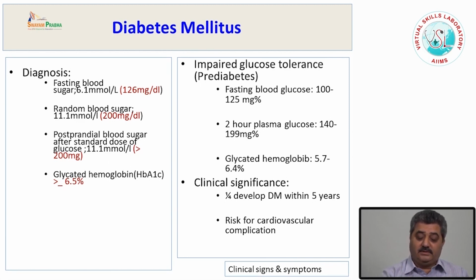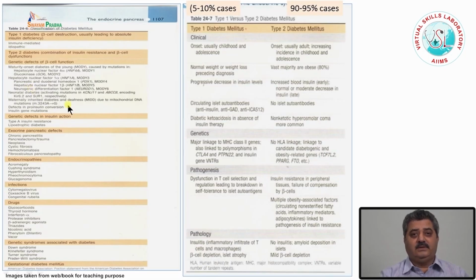So that is the importance of diagnosing pre-diabetes, and these patients have to be kept under strict control. Basically, there are many causes of diabetes mellitus. Mainly there are type 1 and type 2 diabetes. Earlier we used to call type 1 juvenile diabetes mellitus, and type 2 the adult onset diabetes mellitus.